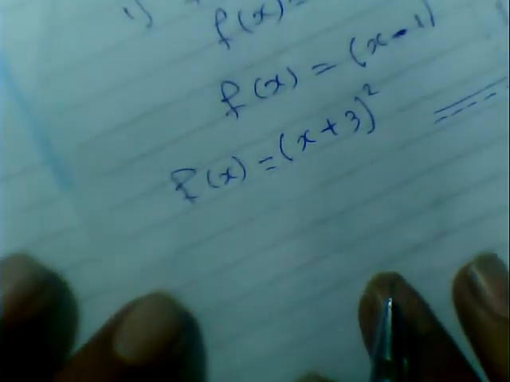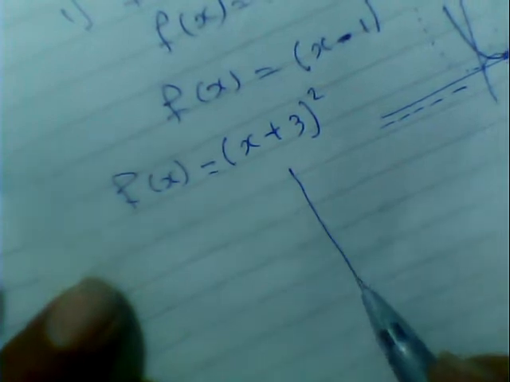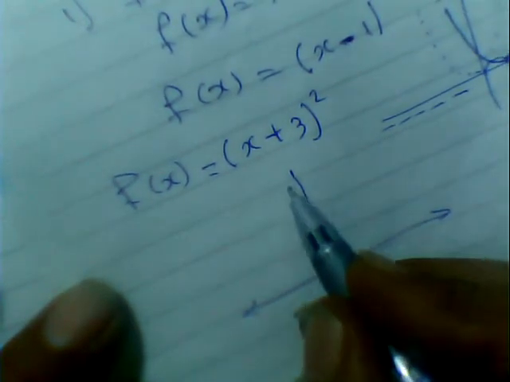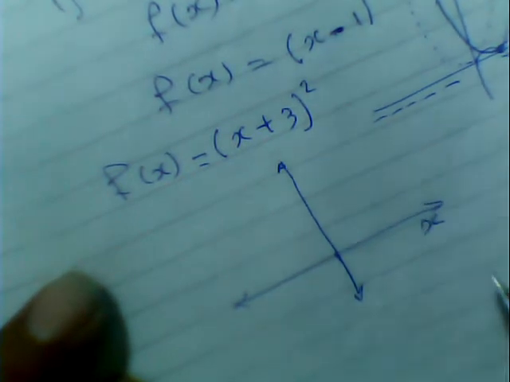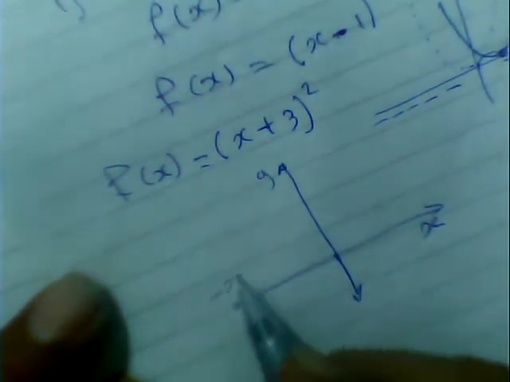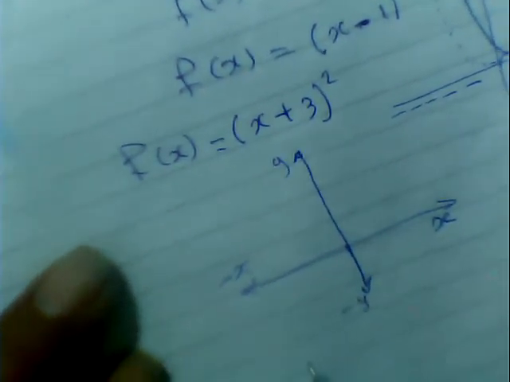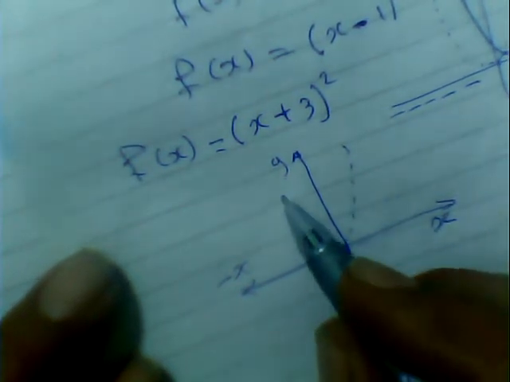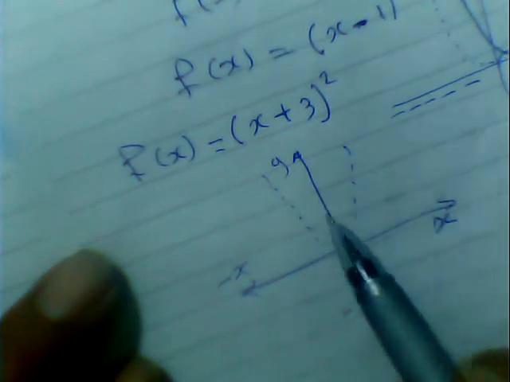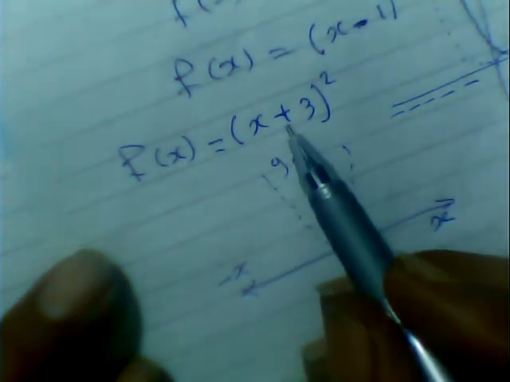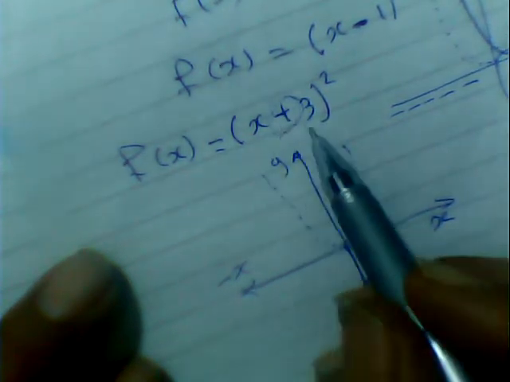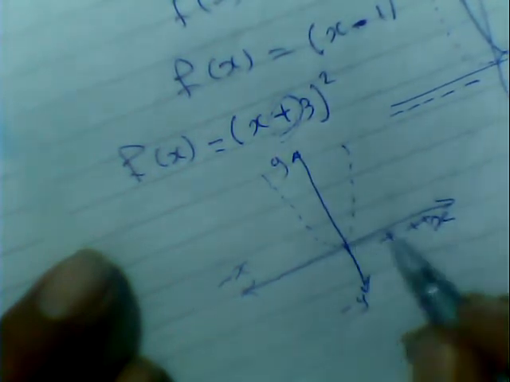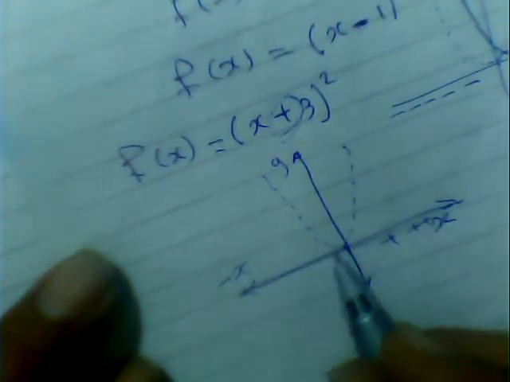Okay, how can we draw f of x equals x plus 3 squared? We draw the x and y axes, positive and negative, and draw x square, but we move the curve: if it is minus, it moves to the right side; if plus, to the left side.